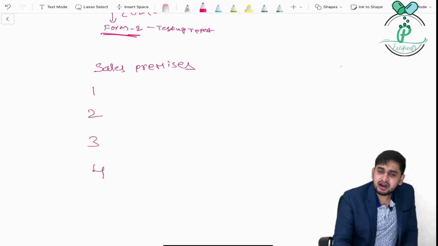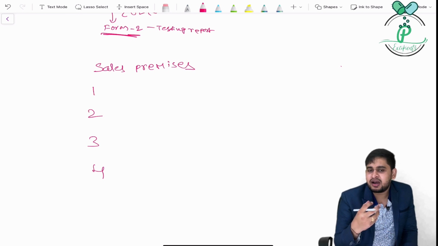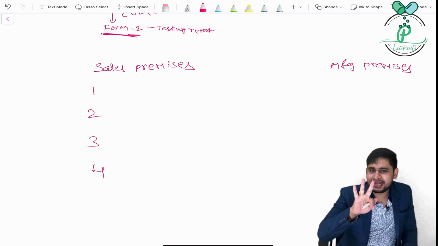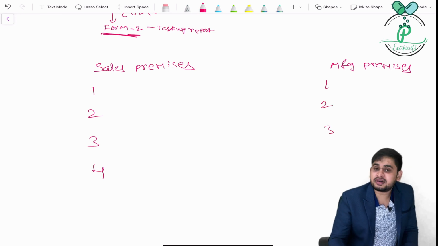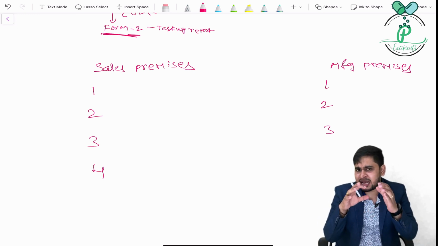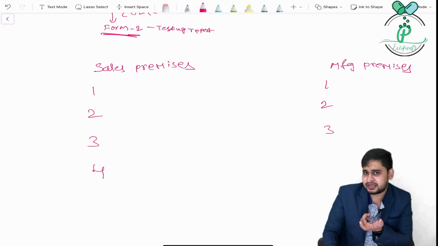The drug inspector will collect drug samples from the manufacturing premises, only 3: first, second, and third sample. Only 3 portions of sample would be collected from the concerned manufacturing unit.